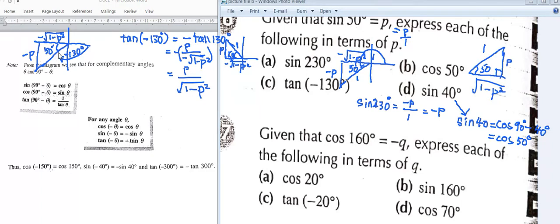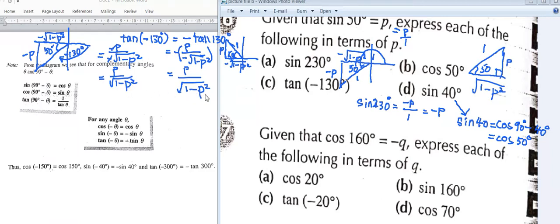Tangent of minus 130 is the basic angle in the third quadrant. The tangent is minus P over minus square root of 1 minus P squared. Cancel, and you get P over square root of 1 minus P squared.